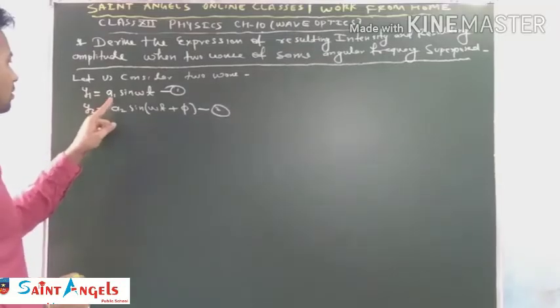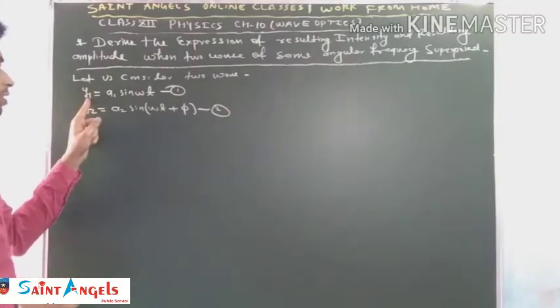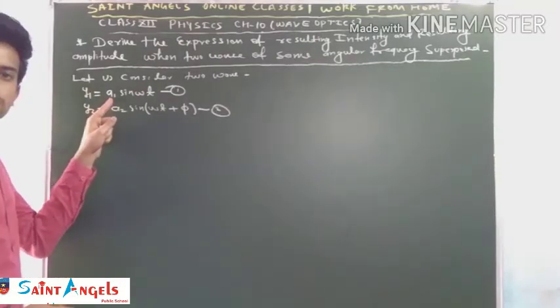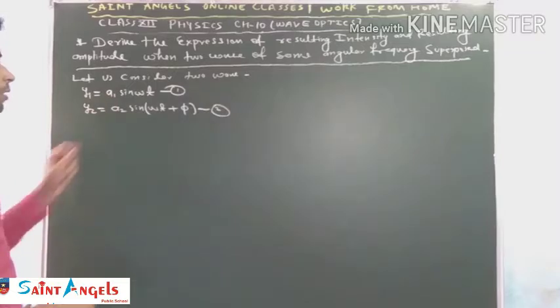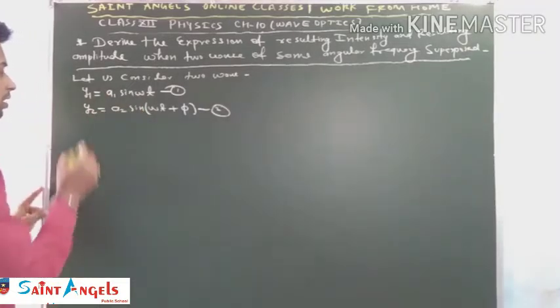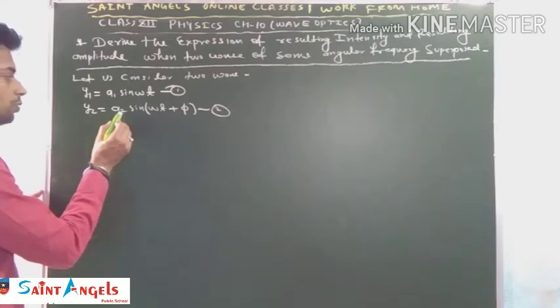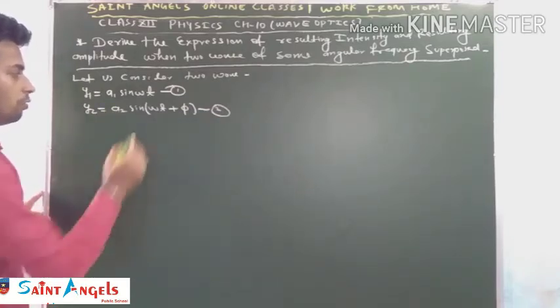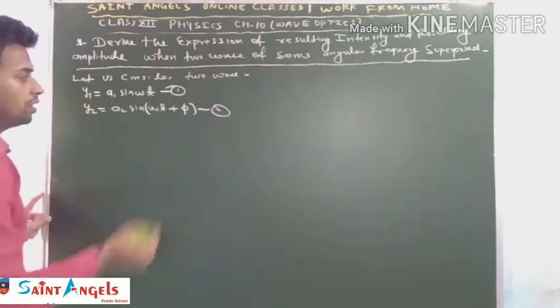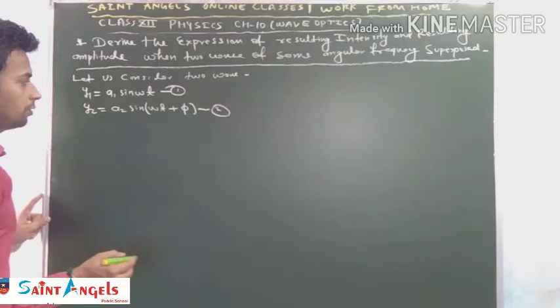Here y1 is the displacement of the first wave, a1 is the maximum displacement or amplitude of the first wave, omega is the angular frequency, while y2 is the displacement of the second wave, a2 is the amplitude of the second wave, omega is the angular frequency and phi is the phase difference.